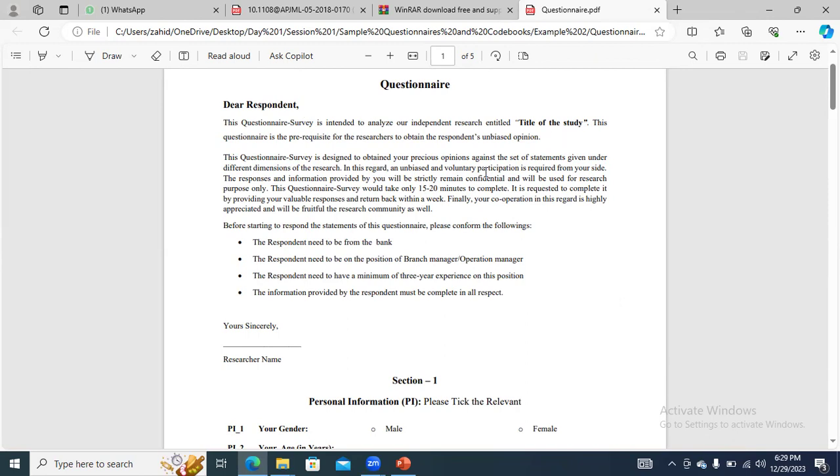You will let the respondent know what you would like to know and what the rules of filling in this questionnaire are. Like, I have established some rules that the respondent needs to be a banker, a branch manager, with a minimum of three years of experience, and the information provided by the respondent must be complete in all respects.